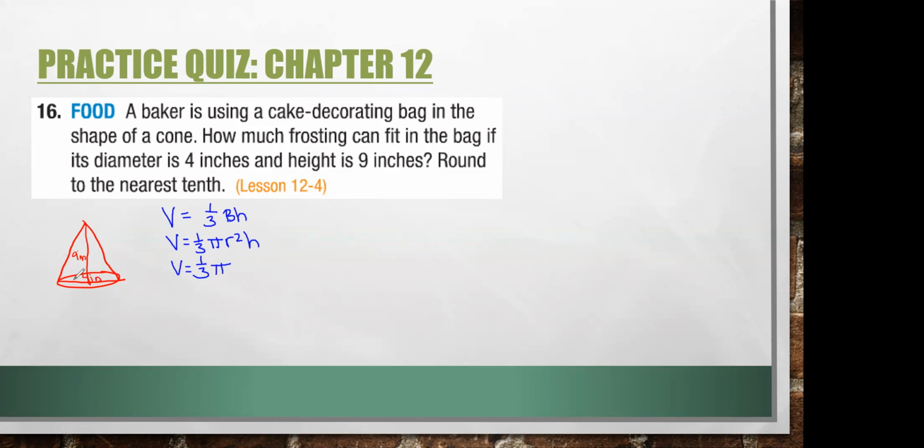The radius, now it gave us the diameter is 4, so to get the radius, you just divide by 2, okay? So 4 divided by 2 is 2, and then you would square that, and then multiply by the height of the cone, which is 9. So we've got 1/3 times pi, 2 squared is 4, and then times 9.